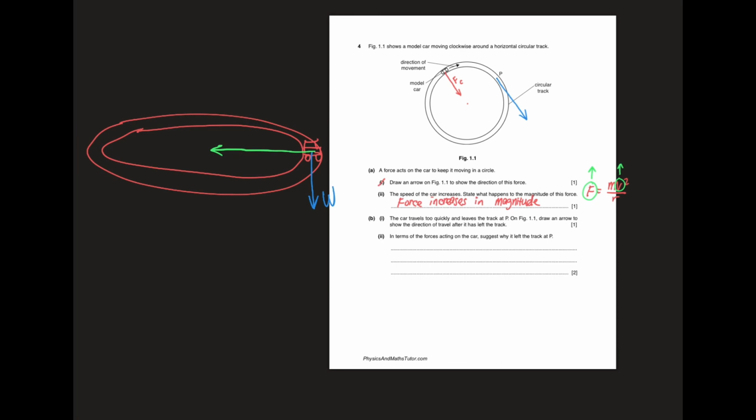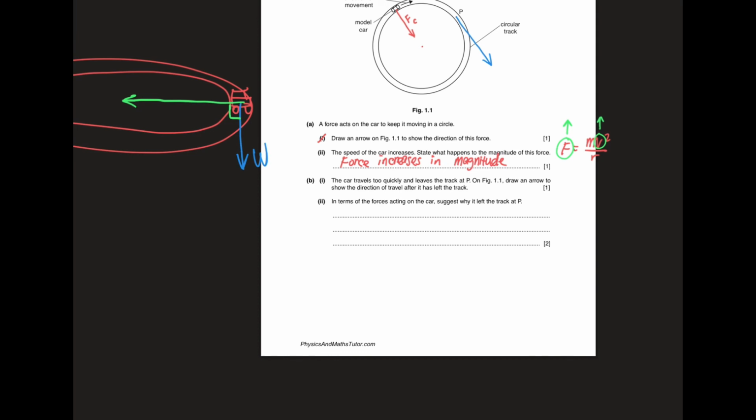And because of that, you can see the weight is not contributing any force to the centripetal force, because it's acting in perpendicular to the centripetal force. So that's why there is no contribution to the centripetal force. Okay, so it can't be the weight because of perpendicular. Okay, but the friction contributes to the centripetal force.